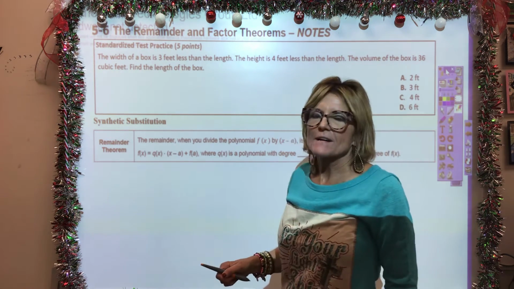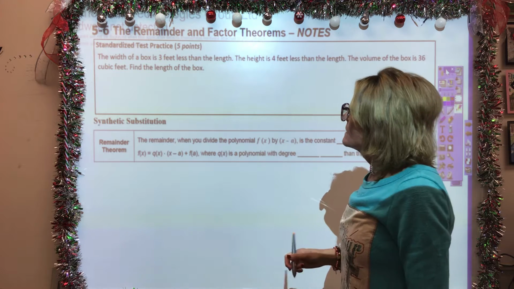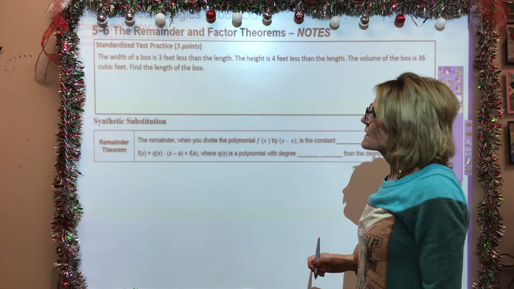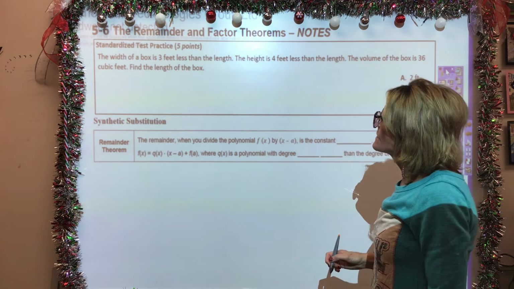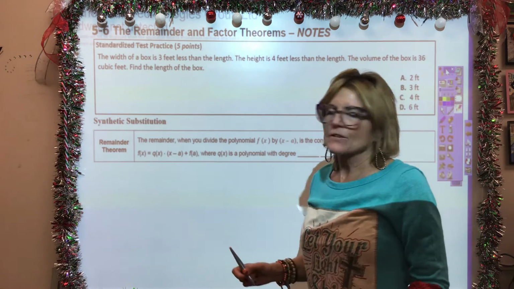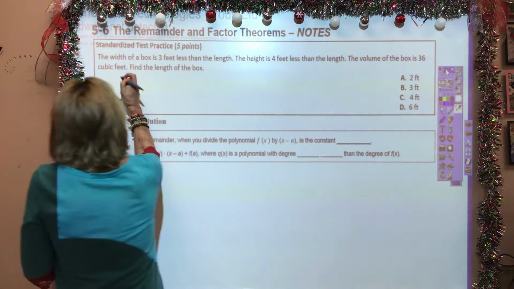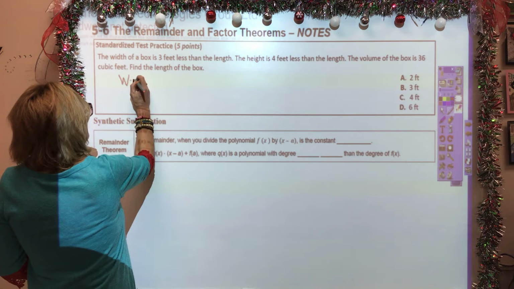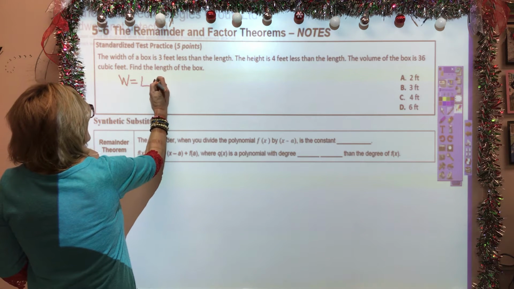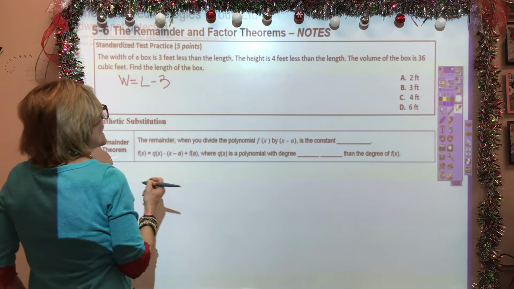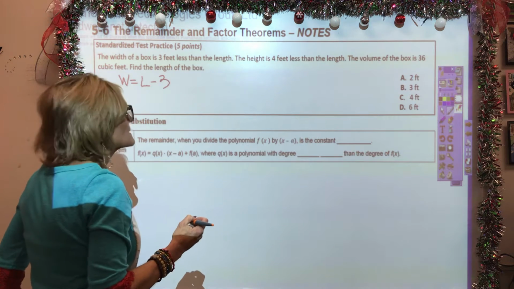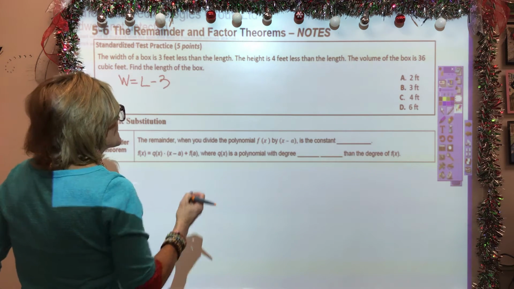Starting with the standardized test practice problem, it reads, the width of a box is 3 feet less than the length. I'm going to make a note of that to start with. Width equals length minus 3. The height is 4 feet less than the length.